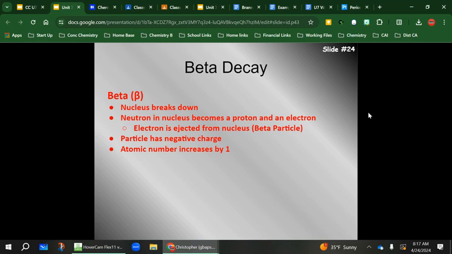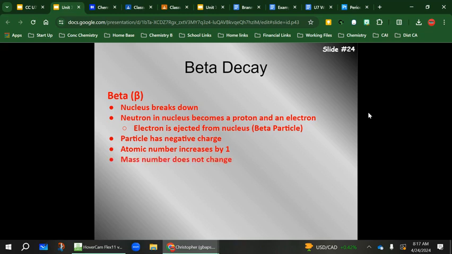So we lose 1 AMU because the neutron is gone, right? But a proton is created which has a mass of 1. So what happens there? Nothing. It stays the same. It's equal. What's the mass of an electron? Basically none. So does it change the mass of the nucleus? No, it does not.